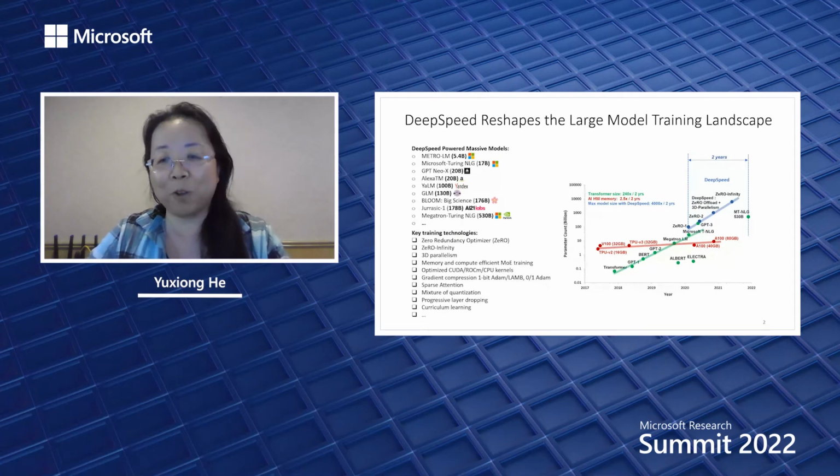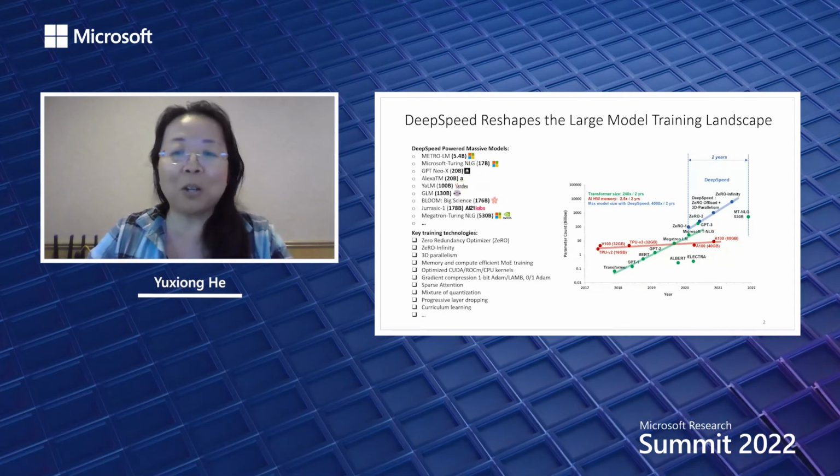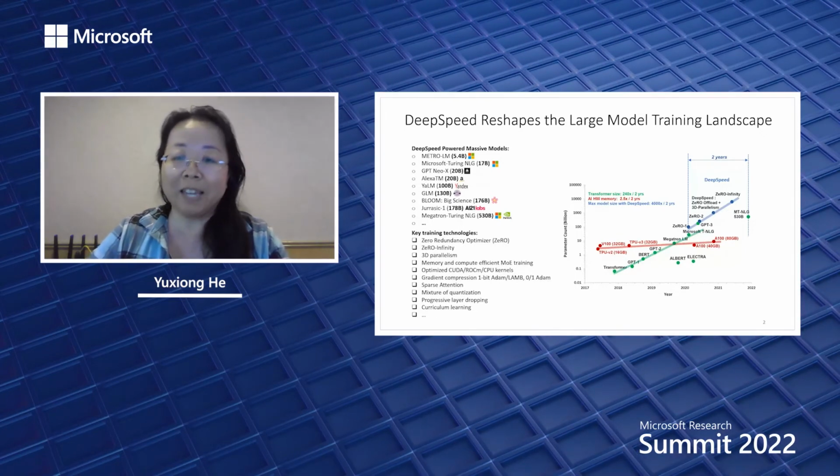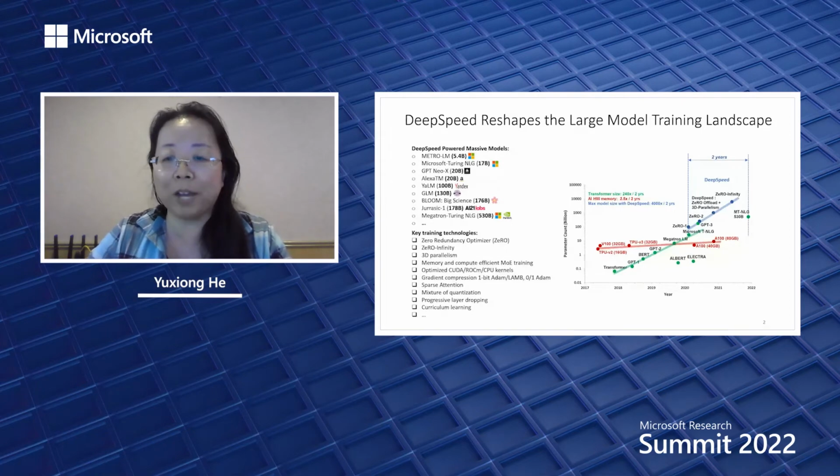Our open source software has also powered many advanced models. DeepSpeed has been reshaping the large model training landscape, turning more ambitious models from infeasible to feasible and efficient to train. Moving forward, we'll continue to push for scale and speed for DL training.